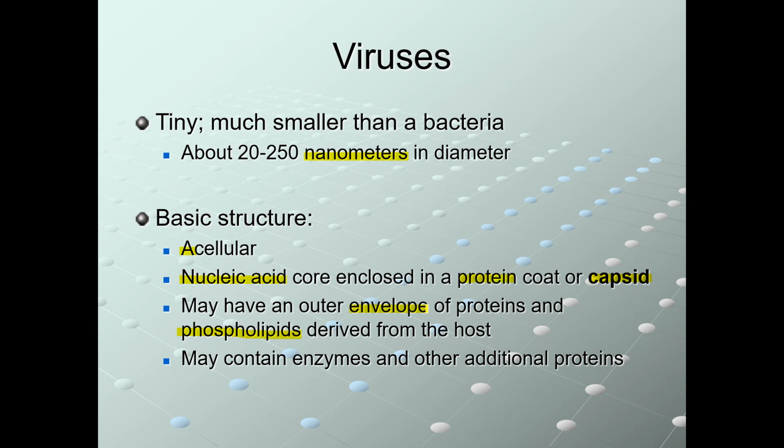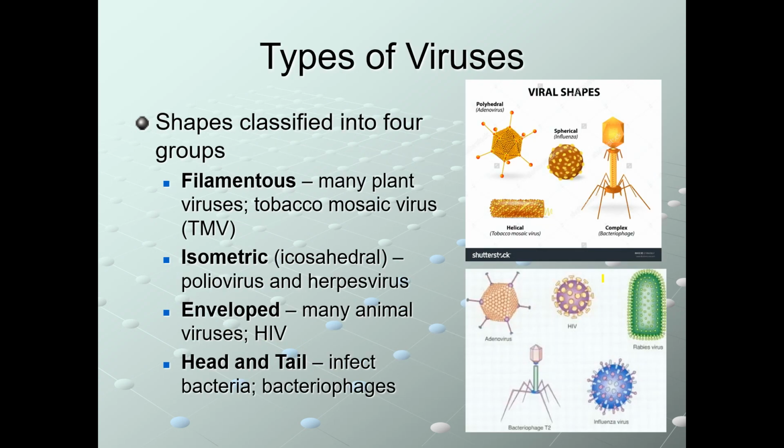What these viruses can do is steal some of the phospholipids from the host, and they create this additional layer called the envelope. But it is not a cell membrane, it is not a phospholipid bilayer like what we've got. It does not have all the components that our cell membrane has. Now, they might contain some enzymes, they may have some additional proteins, but for the most part, your viruses are two components: some type of genetic material surrounded by protein, the coat we call a capsid.